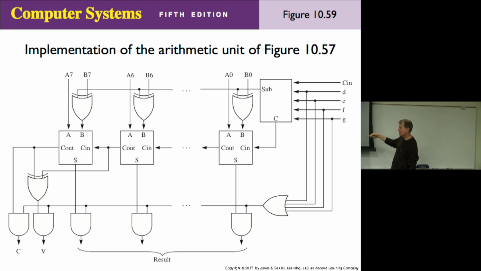They'll never be 1 at the same time, right? That's a very good observation. The observation is that only one of D, E, F, and G can be 1 at one time. But it's also possible for them to all be 0. Yes. So if they are all 0, that's a good point.